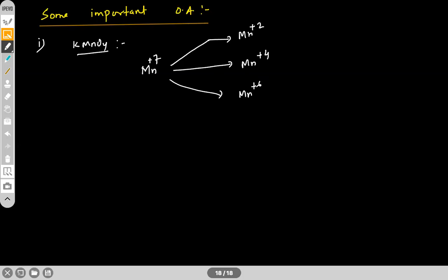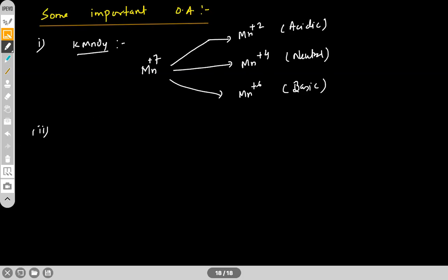The change to +2 happens in acidic medium, and this you should know, very important. This is neutral medium, and this is basic medium. So what is the change in oxidation state in acidic medium? It is 5. This information we require, so you have to memorize this.